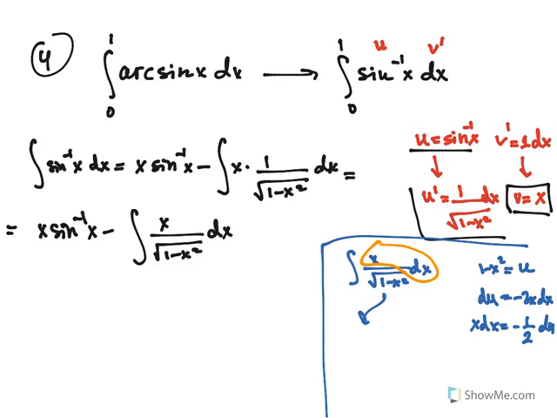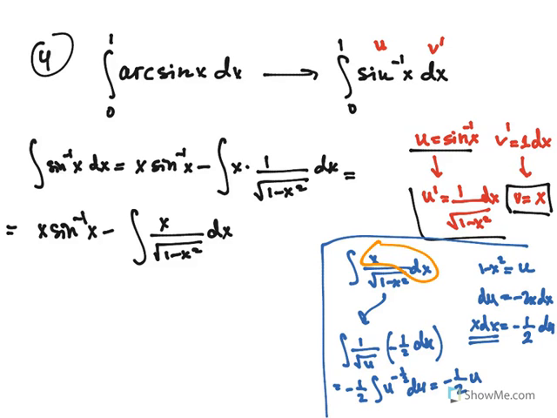Okay, so we get a new integral, 1 over the square root of 1 minus x squared, which is u, and what's x dx? We solved for x dx. It's negative 1/2 du. So that would be negative 1/2 integral of u to the power of negative 1/2 du.